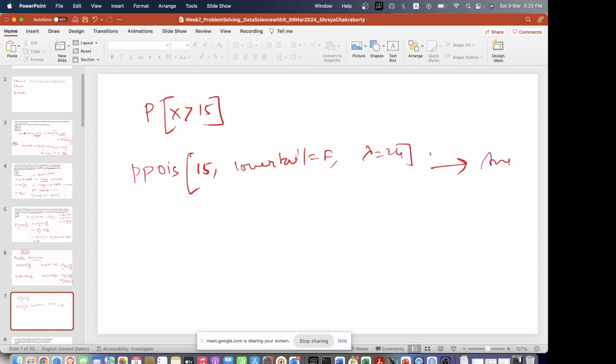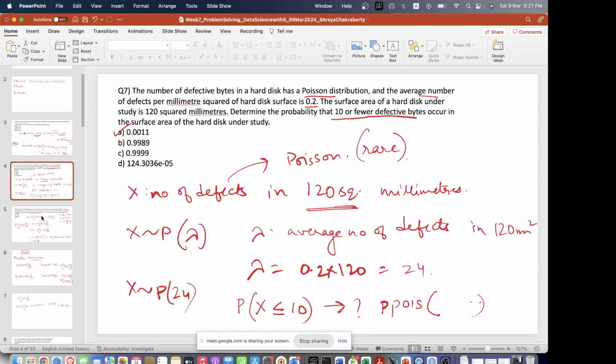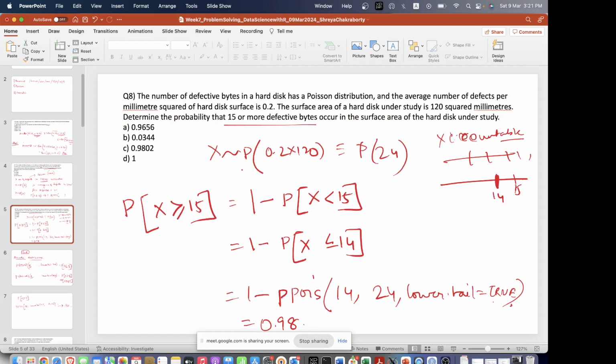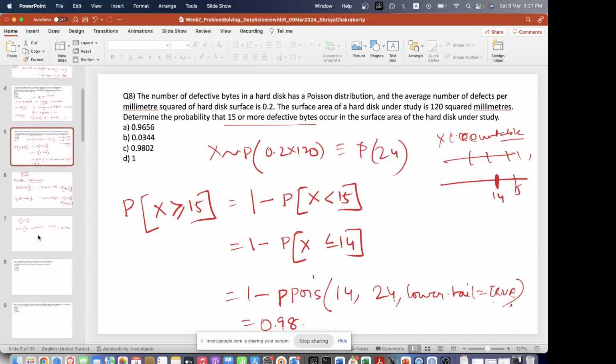This would have given me the answer readily. But since here we have an equal to sign, we also have to take the probability of X equal to 15 into consideration. So be very careful while you solve these sort of questions, what is written. If it is at least, or strictly greater than, strictly lesser than, what does the question imply, and accordingly you have to solve the questions. Okay, am I clear?